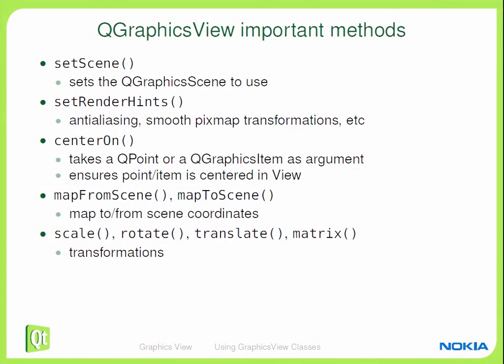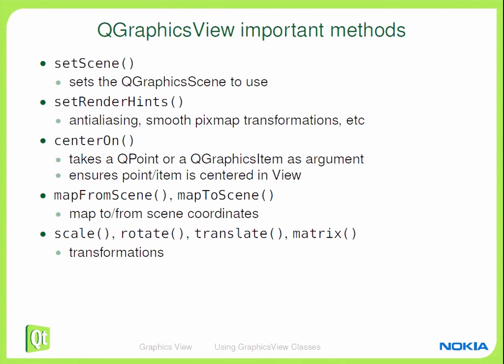Some methods for the view, for instance, setScene, is something you quite easily forget. You just don't have your scene showing anything. So you will always need to tell the view what is the scene which it will be showing. You can call setRenderHints for doing optimizations for drawing, like anti-aliasing.